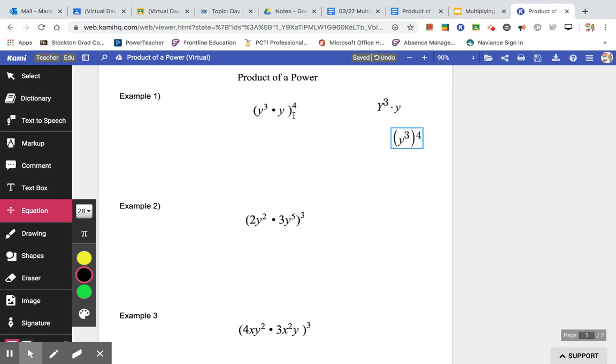So we've never had one where there's a power on the outside and two of the same variable on the inside. There's different ways you can do it. There's not just one way, but this would probably be the easiest way that I would suggest doing it for all of these 3 problems.